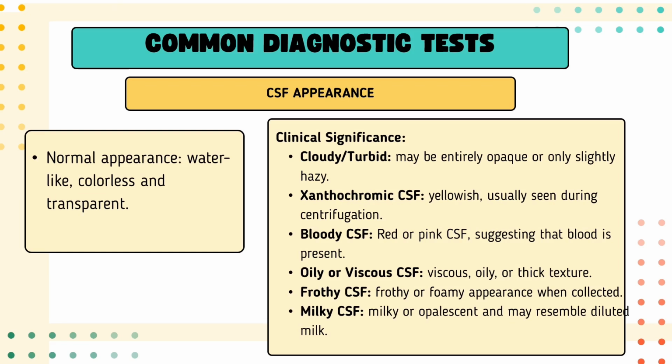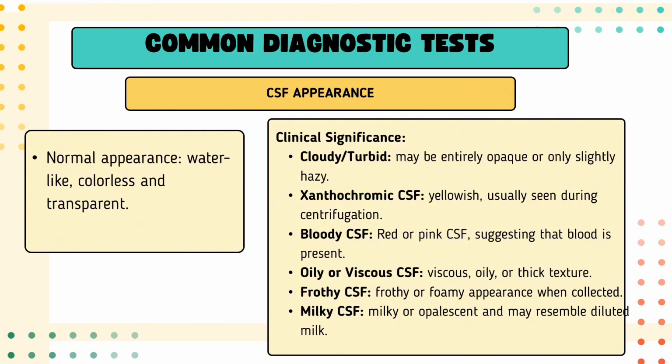For bloody CSF, it is red or pink CSF, suggesting that blood is present. Possible causes, subarachnoid hemorrhage and traumatic tap. For oily or viscous CSF, viscous, oily, or thick texture, possible causes might be high lipid content and choroid plexus papilloma.